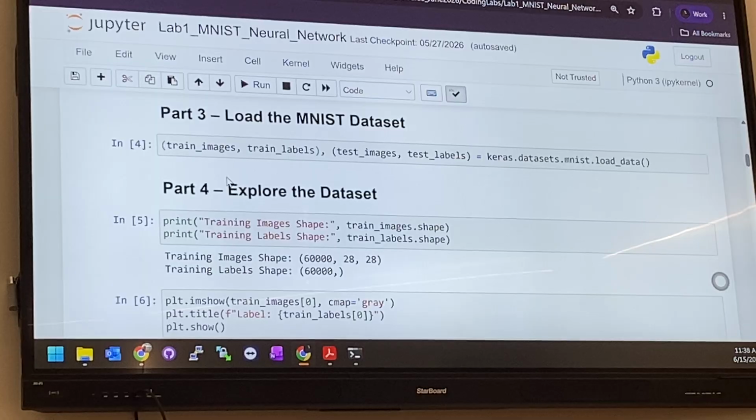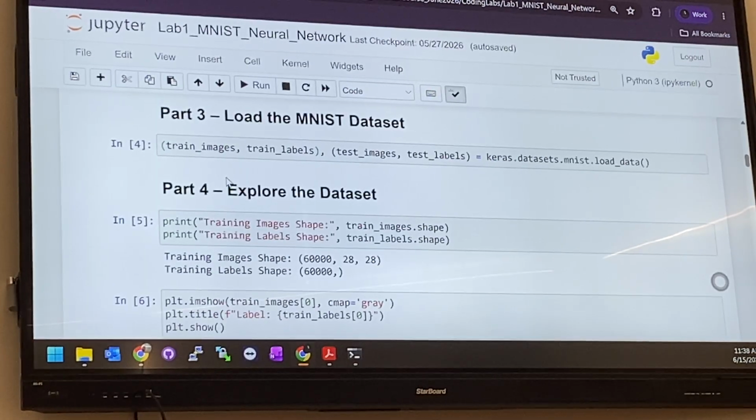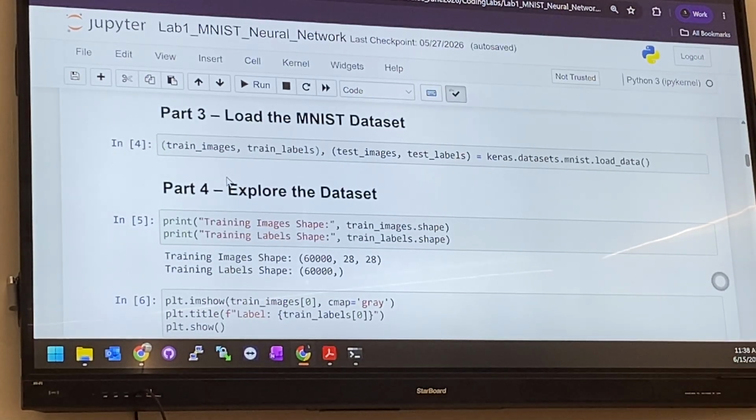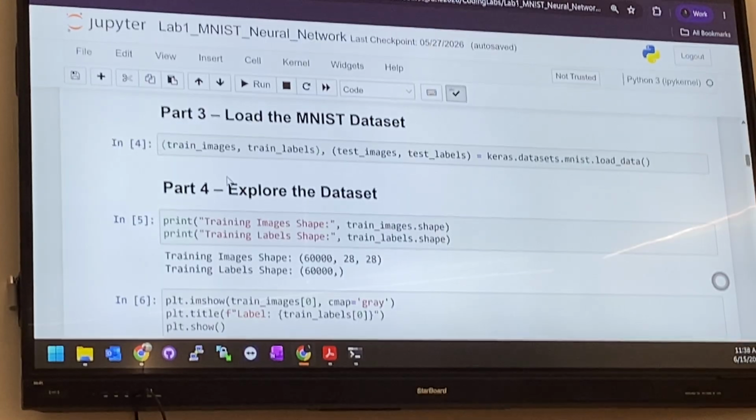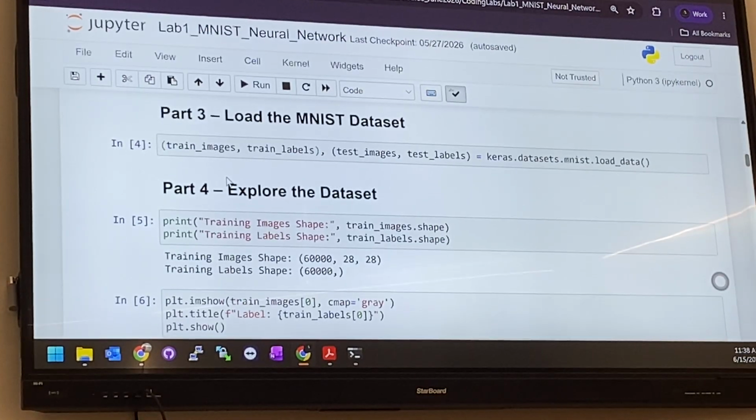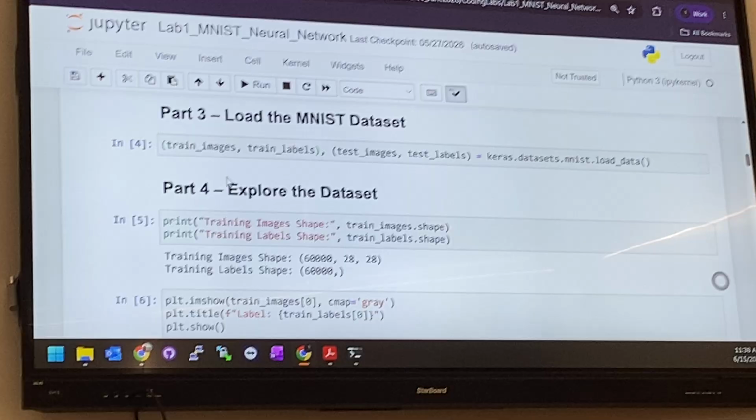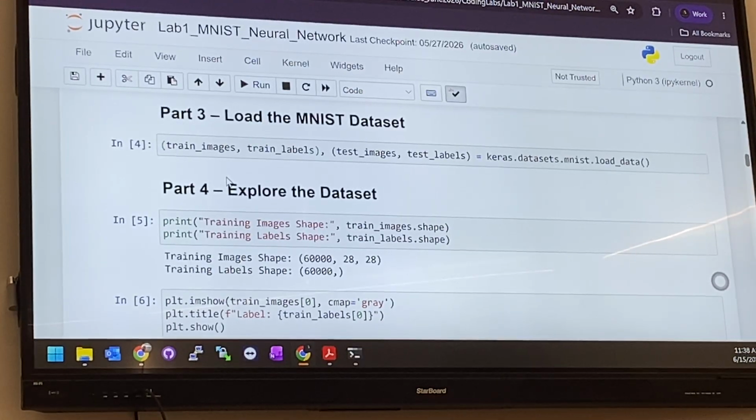So a question for you: how many data sets do we have after we run this load data method? You are saying 2, how many do we have? No, we are not doing any split, we are loading it. You see the result on the left side. Do you have two or four?